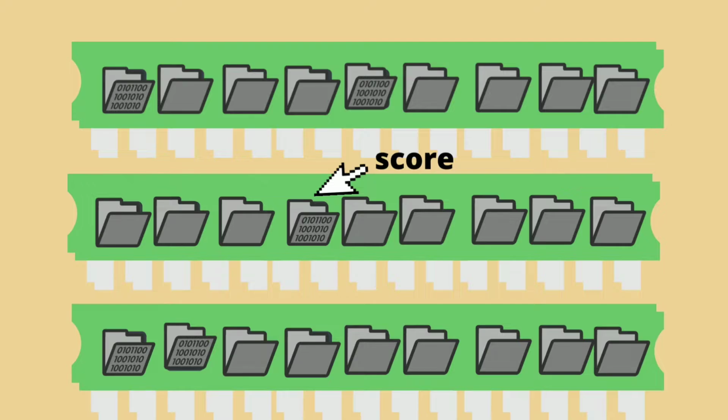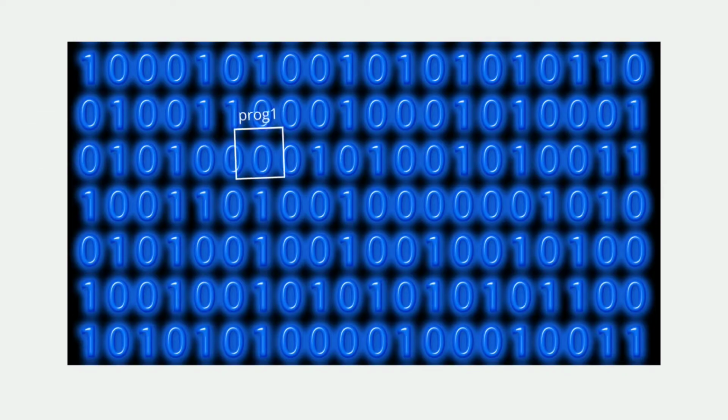Every program you write has a dedicated space inside the computer memory, and a variable's value is stored inside that allocated area.